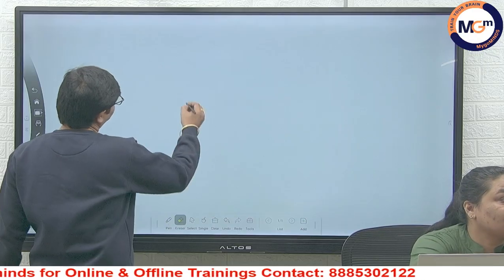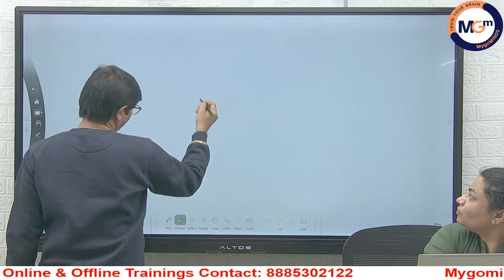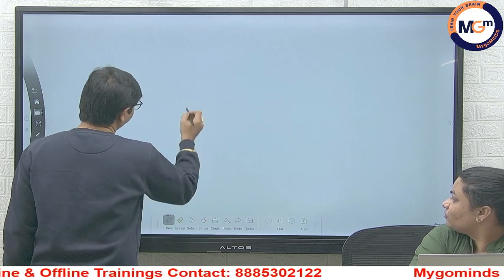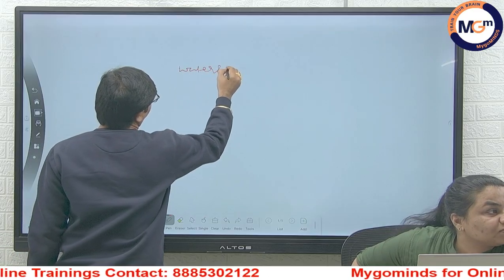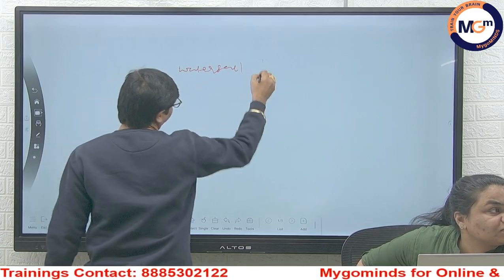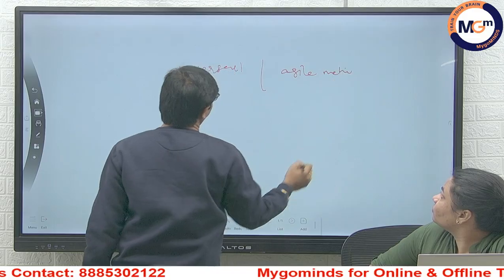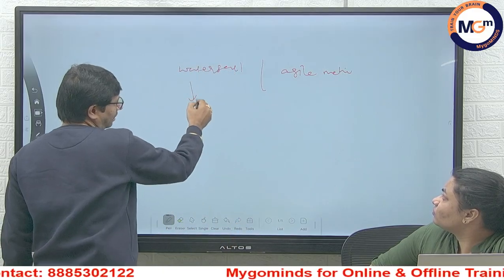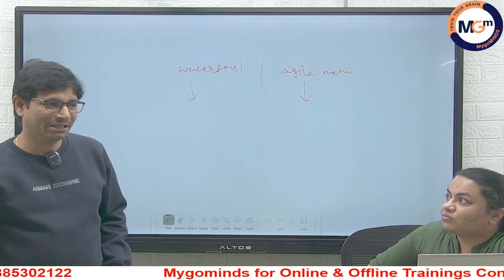Okay, guys. So you already know about waterfall and Agile. What are the drawbacks? Madam already discussed what Agile is and why Agile came into the picture.